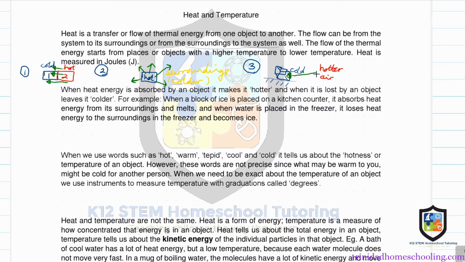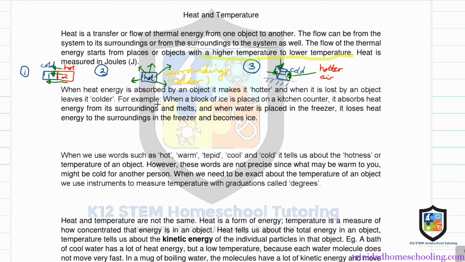Alright, so from your surroundings into the system. And what will happen here? Your ice will start to melt. Okay, so these are three scenarios. From one body to a next, one object to a next, from a system or body to the surroundings, or from the surroundings to a system. Of course, the most important thing is it moves from a higher temperature to a lower temperature. Okay?